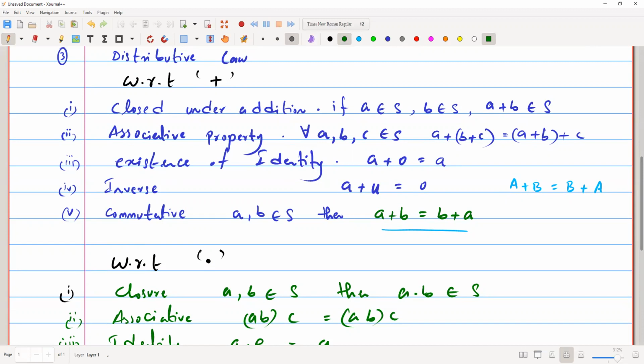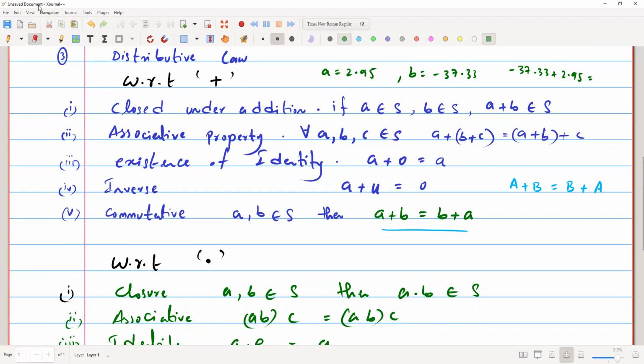For instance, if I take A equals 2.95 and B equals negative 37.33, arbitrary, and add them, this will be negative 37.33 plus 2.95, which will be a number, and it will again be a real number, right?